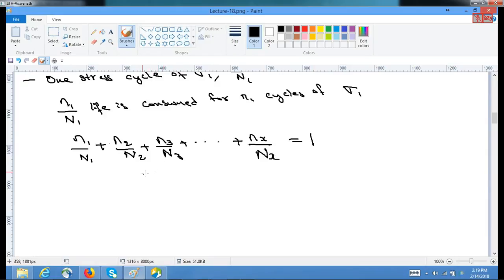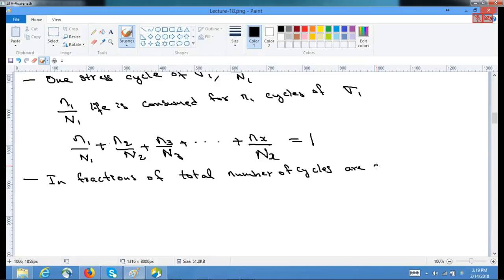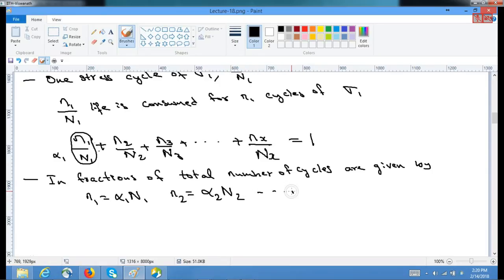Or in other words, we can write the fractions of total number of cycles as given by, so this is like alpha 1, and so on.